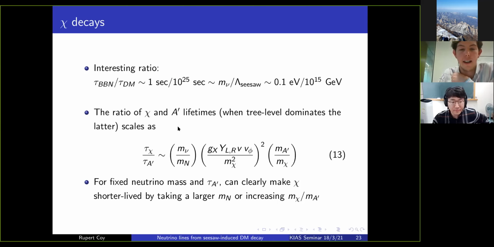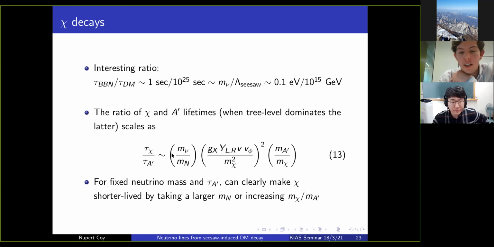So to see it in equations, you can take the ratio of the chi mass over the A prime mass, and up to some phase space factors and some order 1 factors, and up to some pi's as well, it looks something like this. And so you can see many ways to easily make the chi lifetime much smaller than the A prime lifetime while keeping certain things fixed.